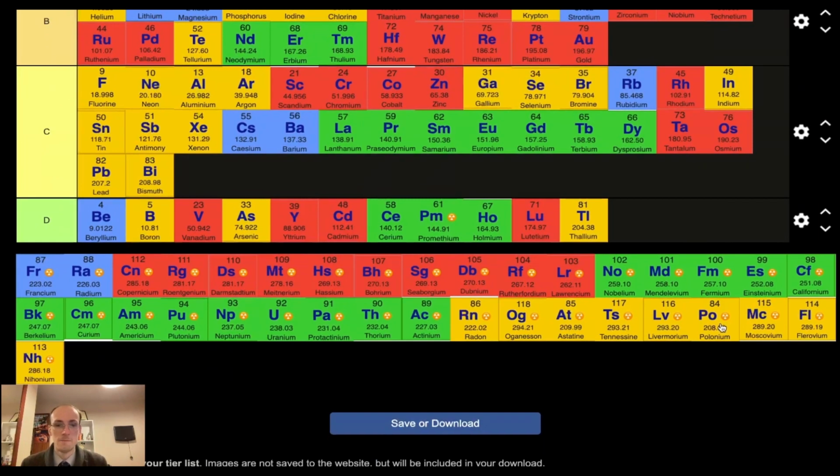Polonium. So you can look at all the elements we have left. What do they all have in common? They're all highly radioactive. So it's a highly radioactive metal.